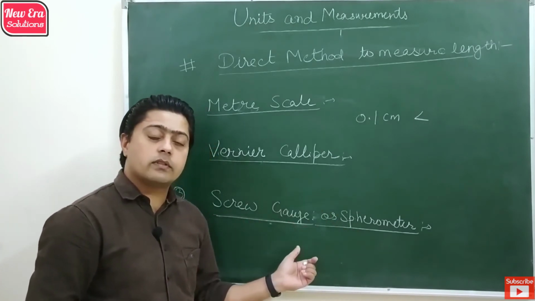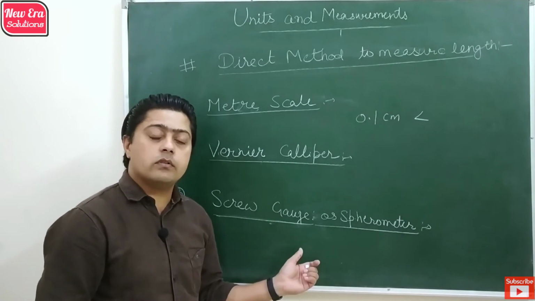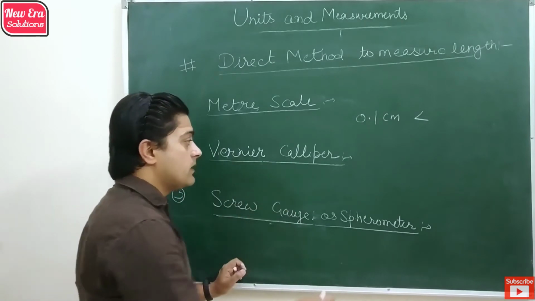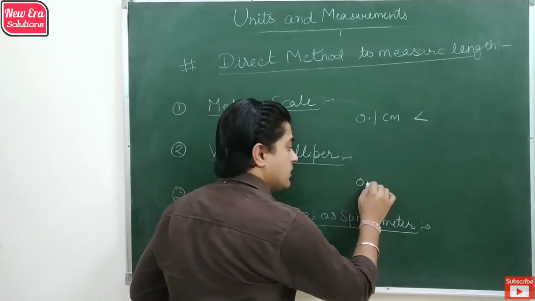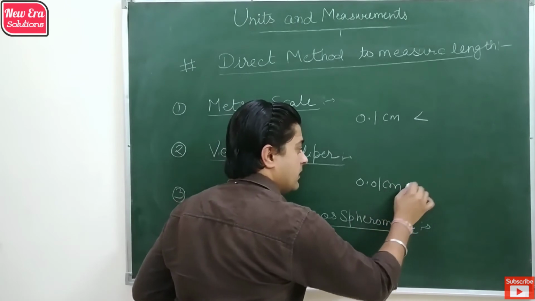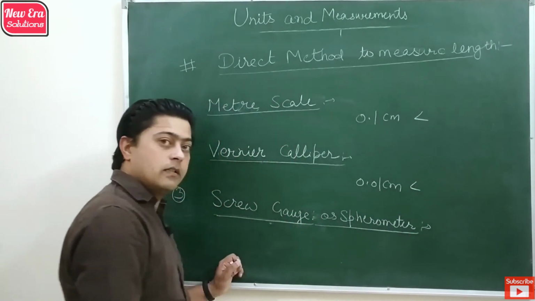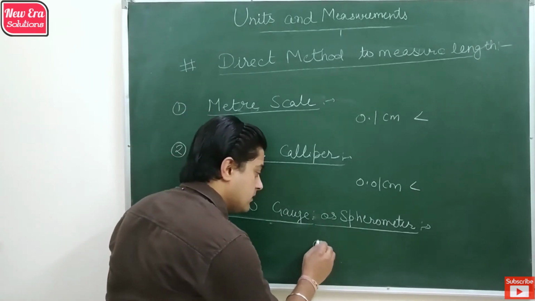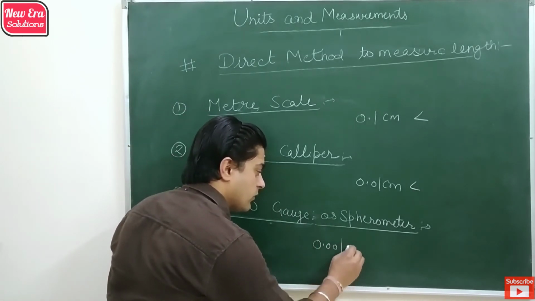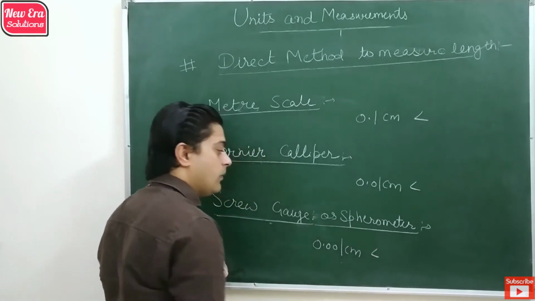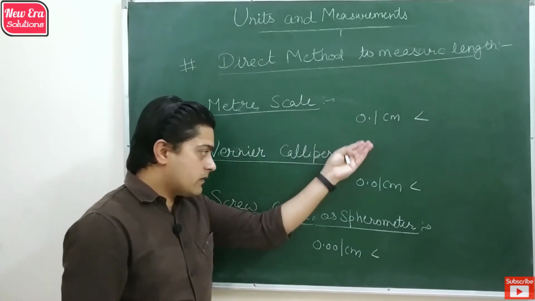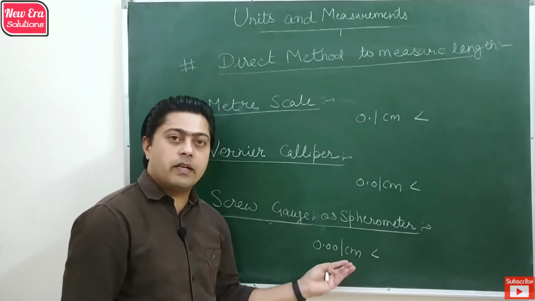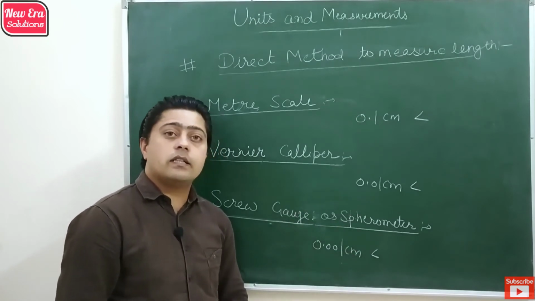These three devices you discussed in the practicals of your school. The vernier caliper is a device which can measure distances of 0.01 centimeter and above. Then the screw gauge or spherometer can measure 0.001 centimeter and above. This smallest value of these devices is also known as their least count.